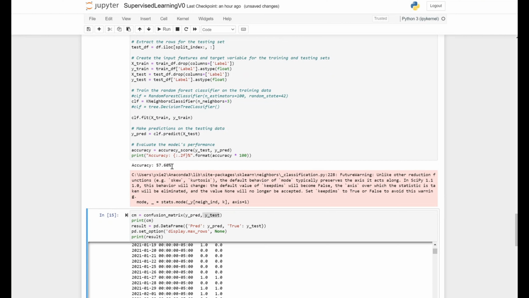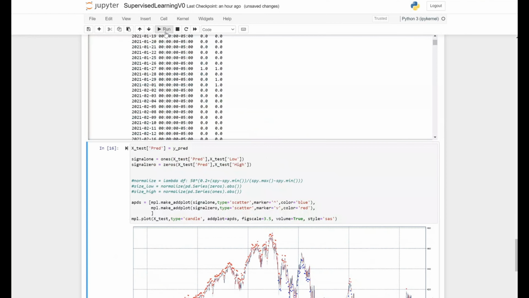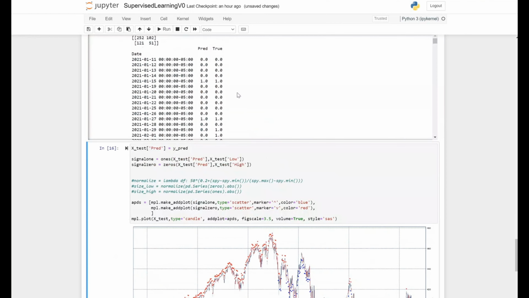Okay, we got like a 57% accuracy rate. From an accuracy rate perspective, it's slightly better than decision tree. Again, this accuracy rate does not provide enough information for us to look into the performance of the model. We have to calculate the confusion matrix. Okay, so we got this confusion matrix.